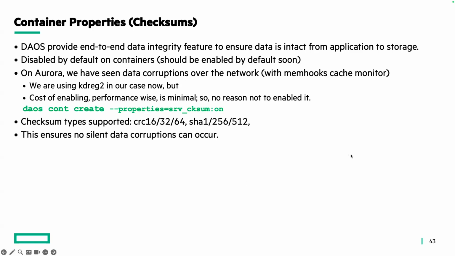Is there a way to validate all data in the container, similar to the fsck command? There is, yes. I don't mention it here on the slide, but there is a daos fs command where, for a POSIX container, there's a way to do daos fs check and daos fs repair if needed, to make sure that your data is consistent and your namespace is consistent and viable and does not have any data loss.